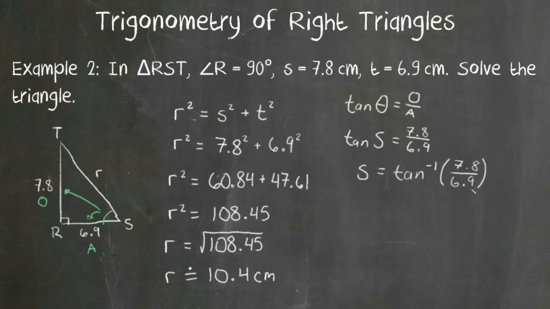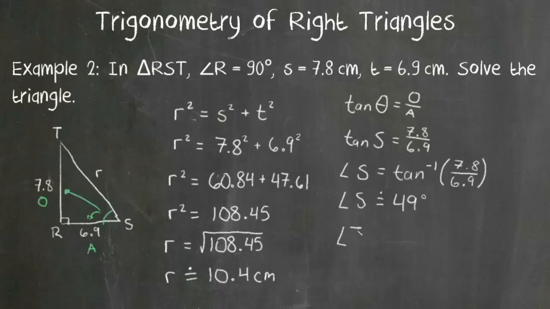We plug this into our calculator. Again, if you have a calculator that can do it all in one step, great. If not, you can do the division and get our 4 decimal places. When we do this, we get approximately 49 degrees to the nearest degree.